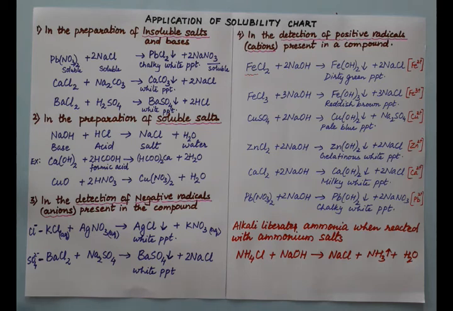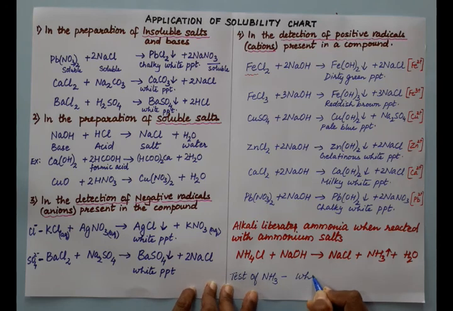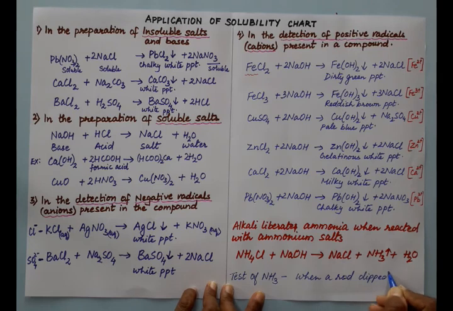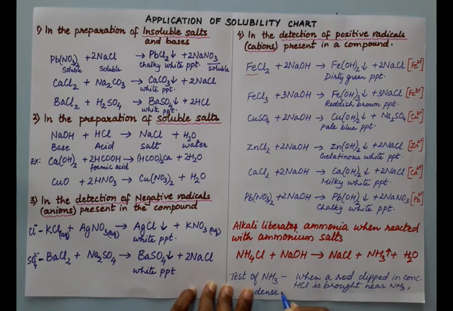See here, this reaction is already balanced. And what is the test of ammonia? When a rod dipped in concentrated HCl is brought near ammonia, dense white fumes of ammonium chloride are seen.